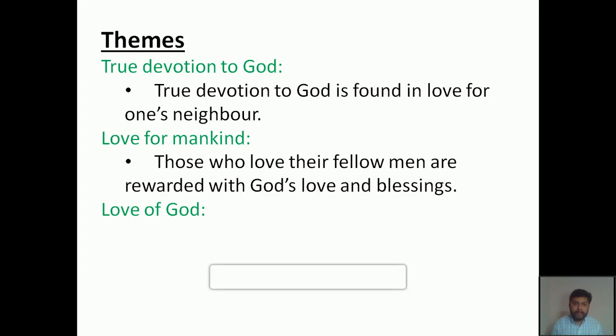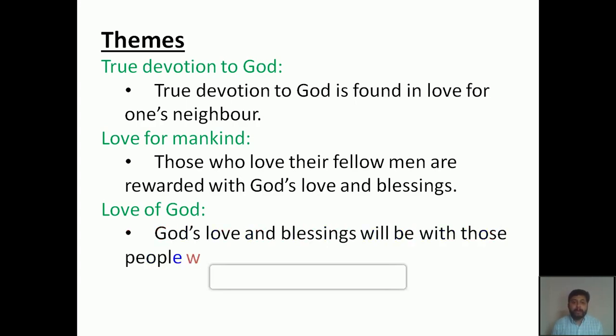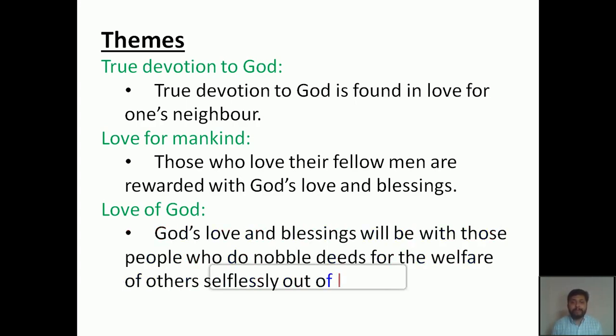The second one, love for mankind, means our concern towards other human beings. And the third point is about God's concern towards us, love of God. So it will be coming from God. And how does it happen? God's love and blessings will be with those people who do noble deeds for the welfare of others selflessly out of love.